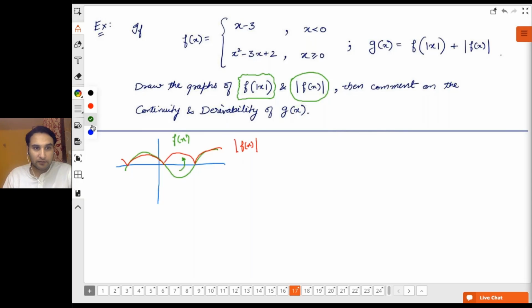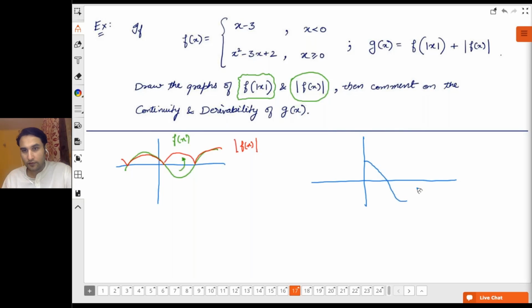This is clear. But now see this very, very carefully. Imagine there was a graph like this. Okay. And maybe it was like this. y is equal to f(x).